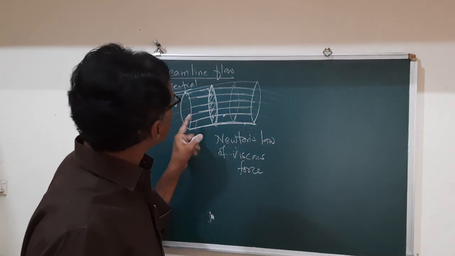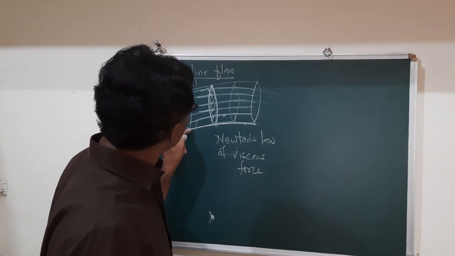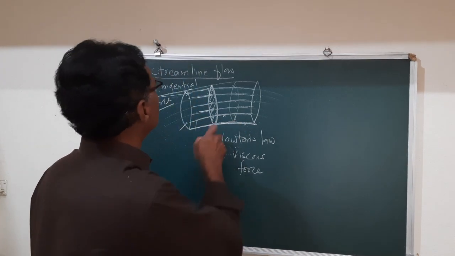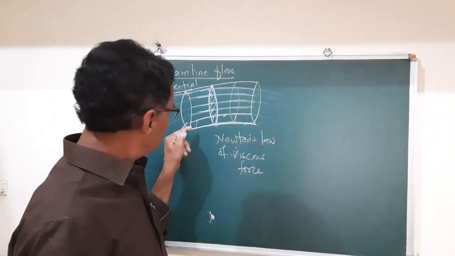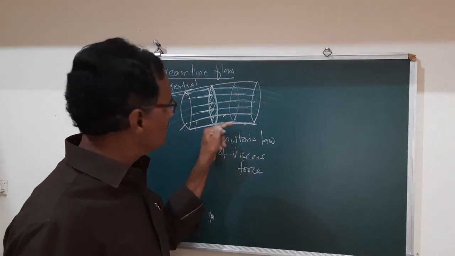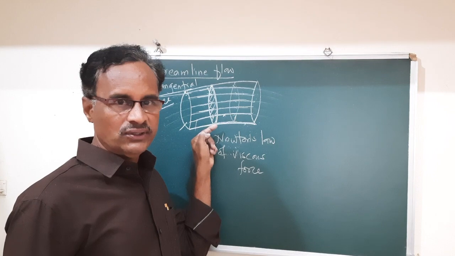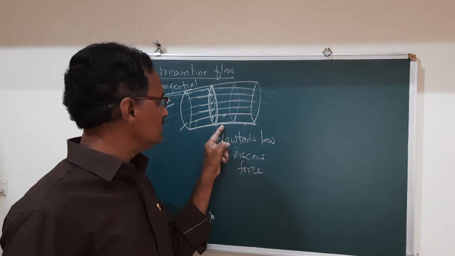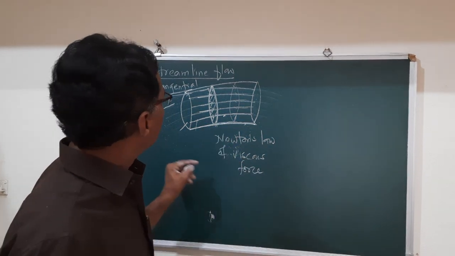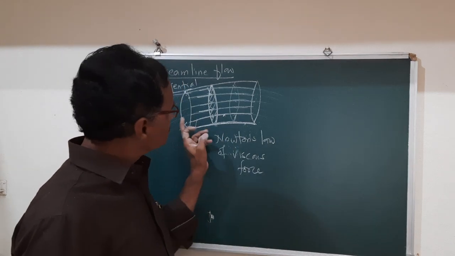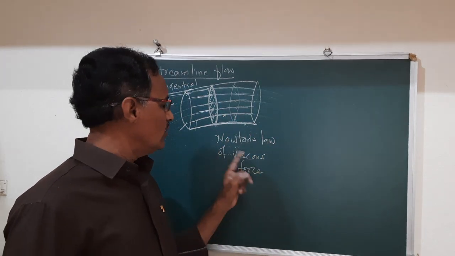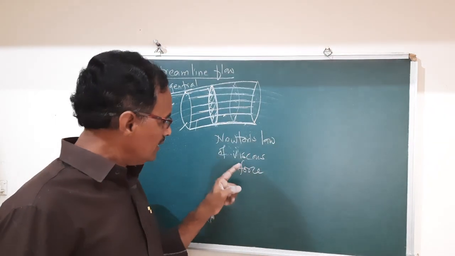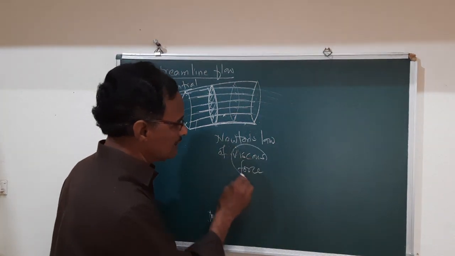Then again, the layer which is along the surface is at rest. There is no velocity of the particles along this surface, ideally it is zero, and the particles which are traveling along these lines obey Newton's law of viscous force. Now again, what is this viscous force?